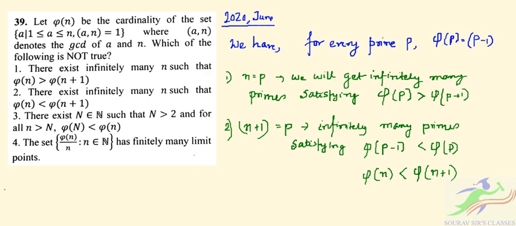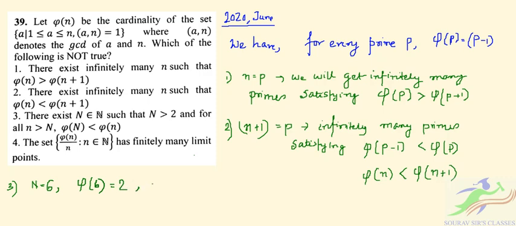So let's check with option 3. There exists capital N belonging to the set of natural numbers, such that capital N is greater than 2, and for all small n greater than capital N, phi of capital N is less than phi of small n. Suppose we take capital N equal to 6, so phi of 6 will be 2.